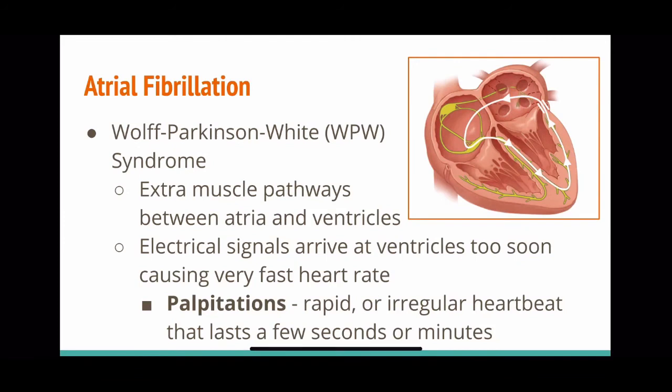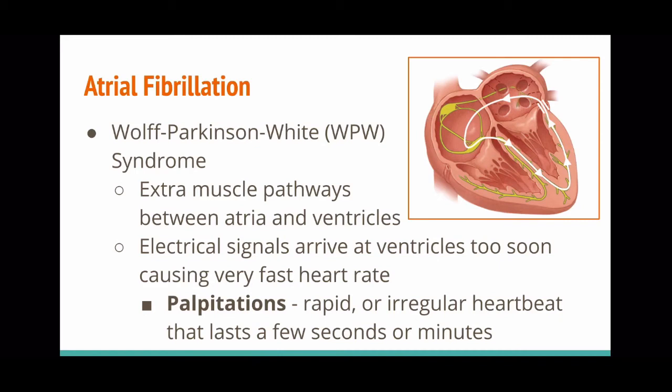The first type of atrial fibrillation that we're going to talk about is Wolff-Parkinson-White syndrome, or WPW syndrome. This is a group of abnormalities that's caused by extra muscle pathways between the atria and ventricles of the heart. So the pathways use the electrical signals to arrive at the ventricles too soon, and when that happens, those signals are sent back to the atria.